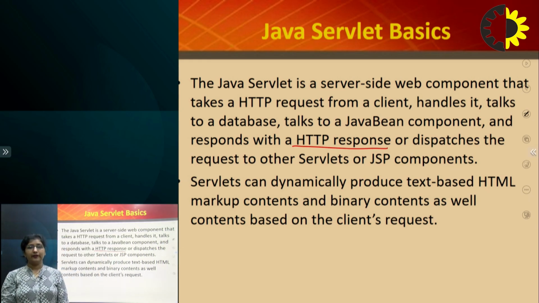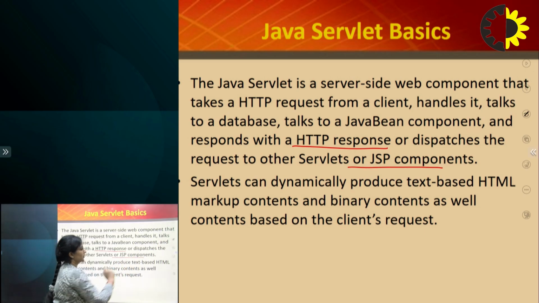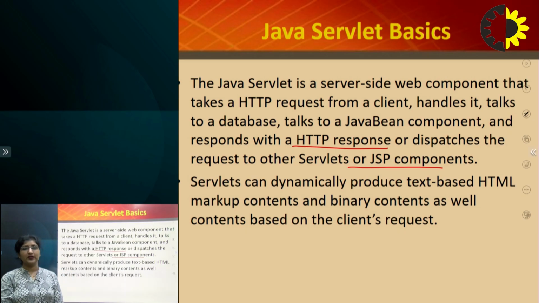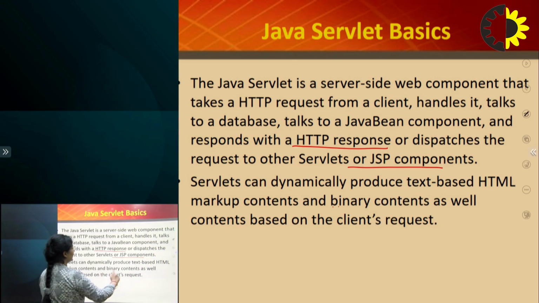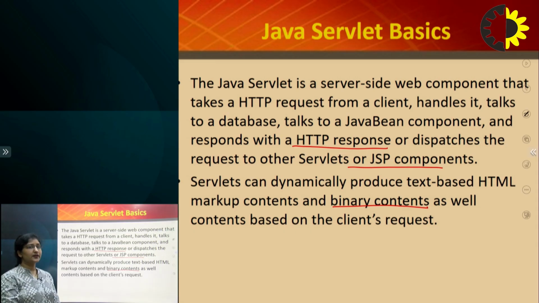Or if another servlet is required to be called, then it will dispatch that particular request to other servlets or the JSP components. So, all the processing will be done at the servlet side only. Servlets dynamically produce text-based HTML markup content, and along with this, binary contents and the contents which are based on the client request.